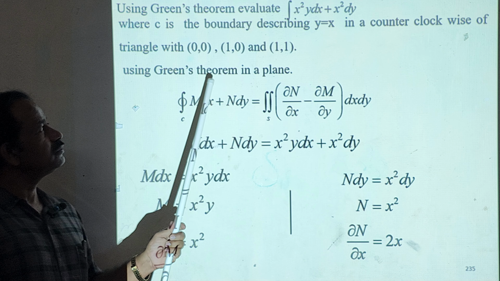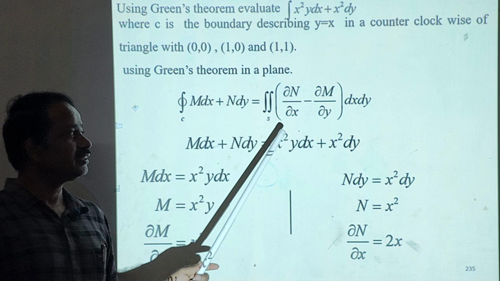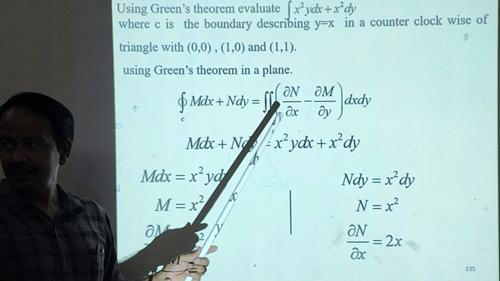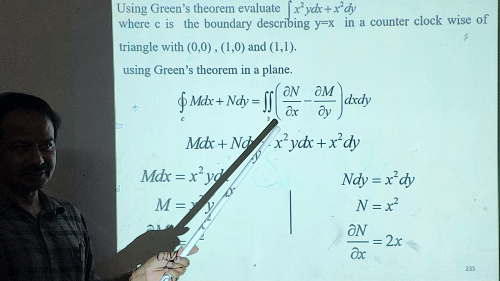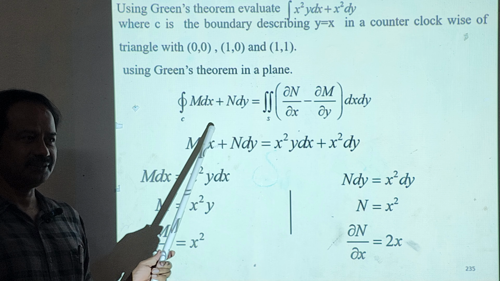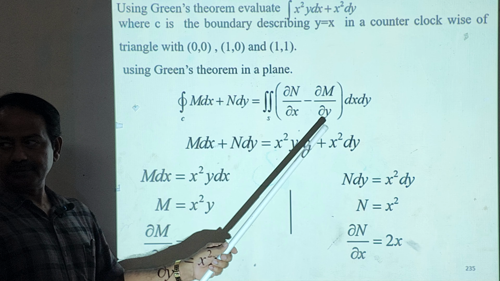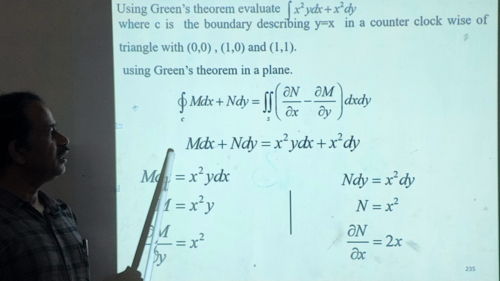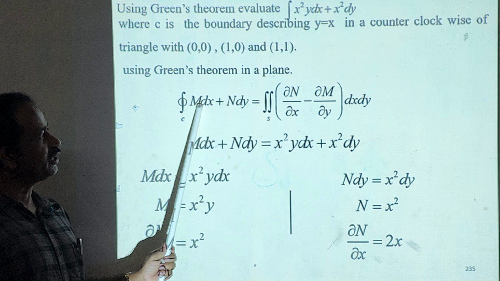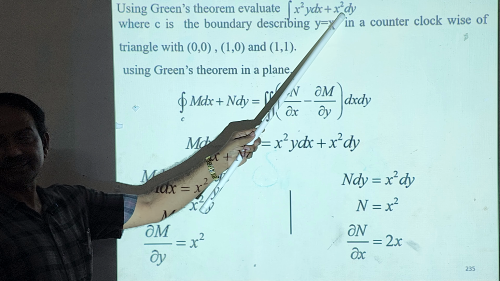Now you are going to evaluate the single integral. As I said earlier, it's easier to solve the double integral, and we can get the answer for the single integral. As per Green's theorem, which is given by this, we know that m dx plus n dy is nothing but x squared y dx plus x squared dy.